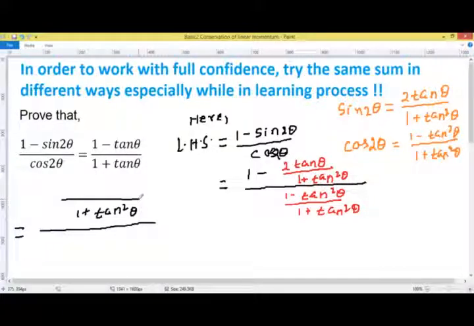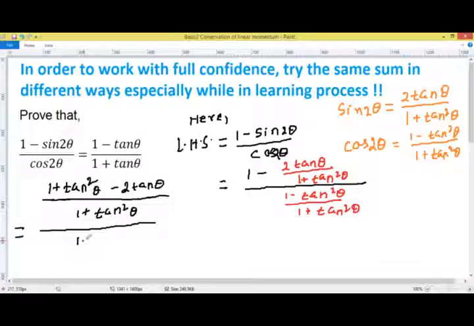This time we are not applying trigonometry, in fact we are doing algebra. So there is 1 by 1, so it will be 1 times 1 plus tan square theta. We write here 1 plus tan square theta, and minus 2 tan theta remains on the other side. So you only require algebraic skill over here, and we need to do nothing else at this point.